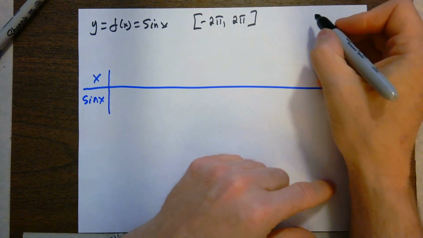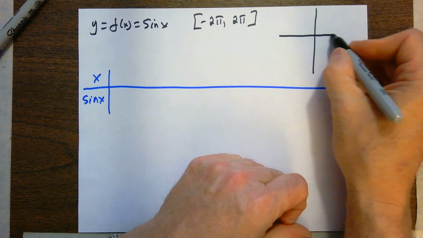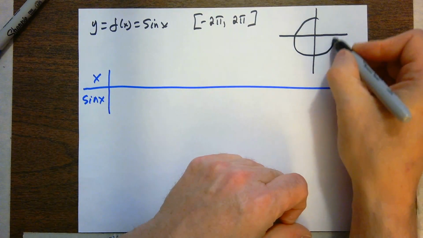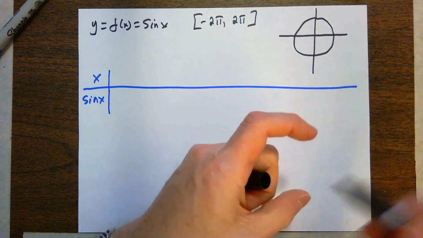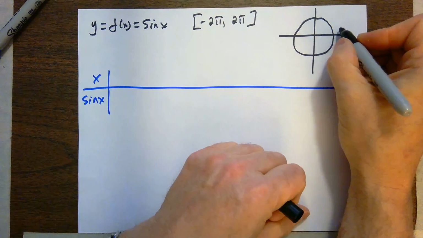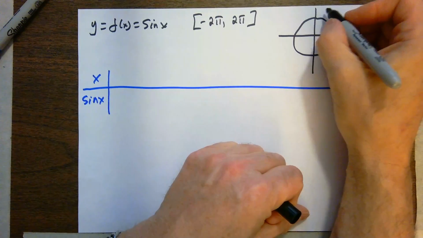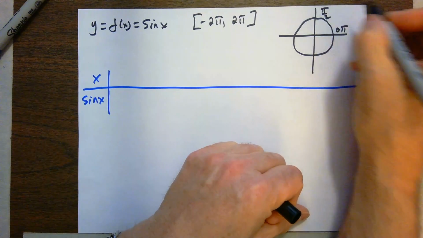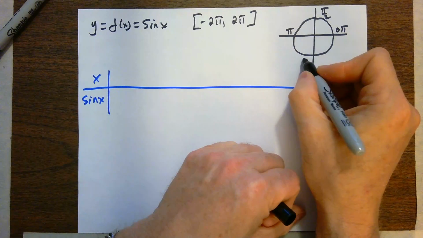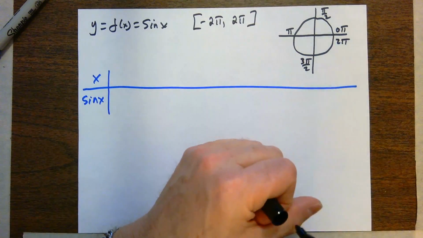If I draw myself a little cheat sheet over here, a unit circle, I want to think in radians now: 0, pi over 2, pi, 3 pi over 2, and 2 pi.